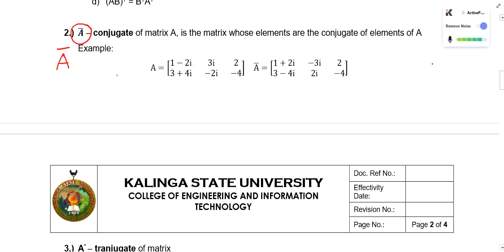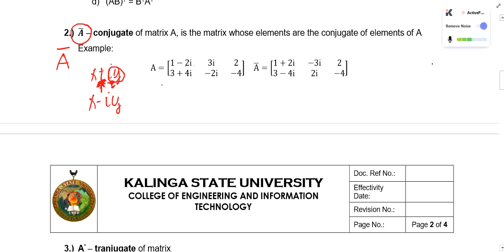Pag maalala ninyo yung complex numbers natin, for example, x plus iy, yung magiging conjugate ng ating complex numbers is magiging x minus iy. So mag-change yung sign ng ating complex part ng ating numbers.